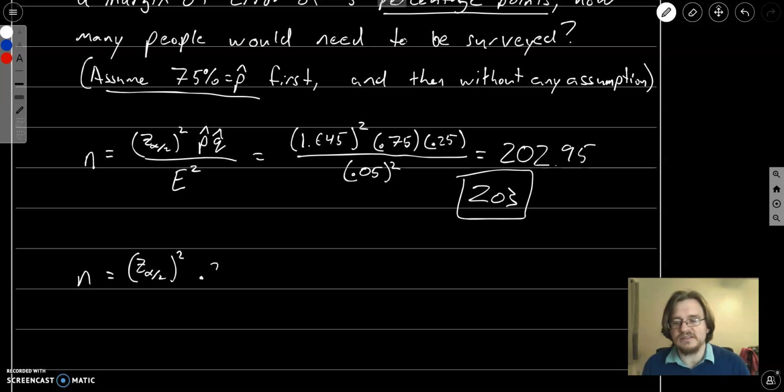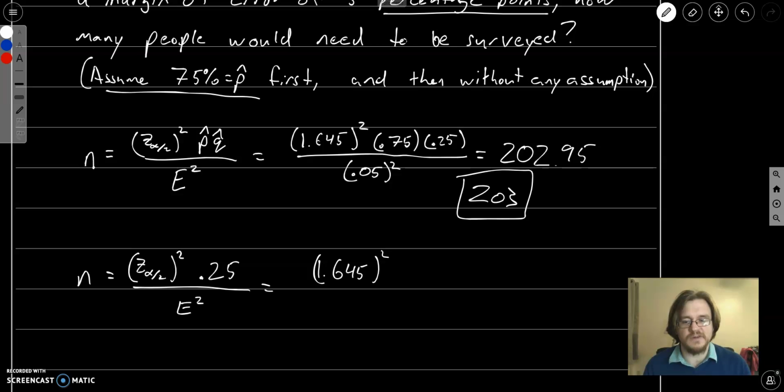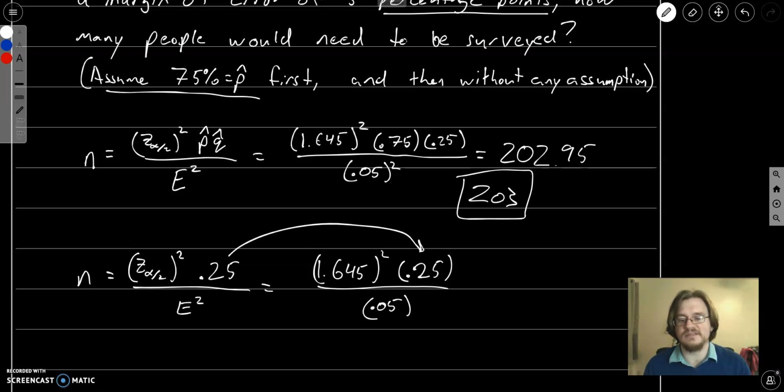So in order to hedge our bets, we pick 0.25 for this, which will always be larger than p hat times q hat. And here, essentially nothing changes, except that instead of having 0.75 and 0.25, we just put 0.25 there. And then E is again going to be 5 percentage points, so 0.05.